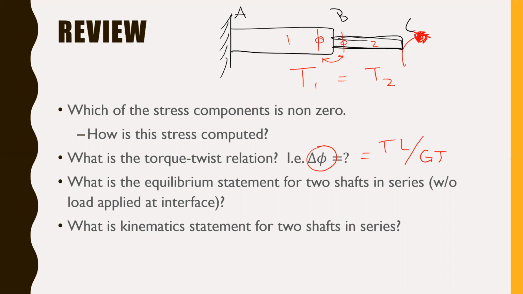Slippage would mean there's a relationship between the two, but they're not equal, maybe one is 10 degrees more than the other. But assuming there's no slippage, say they are welded together, then as it's rotated, you have the same rotation. So the rotation of B relative to A on the left side of B and the rotation of B relative to A on the right side of B have to be the same value. Good.